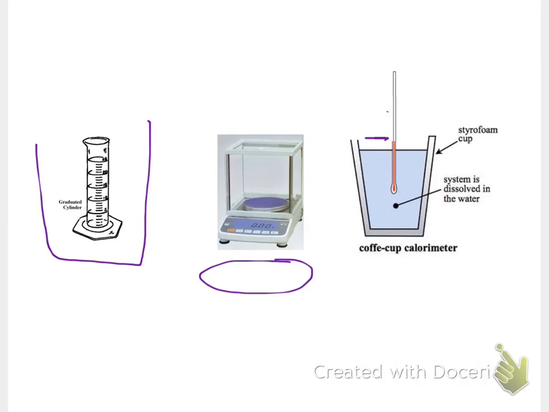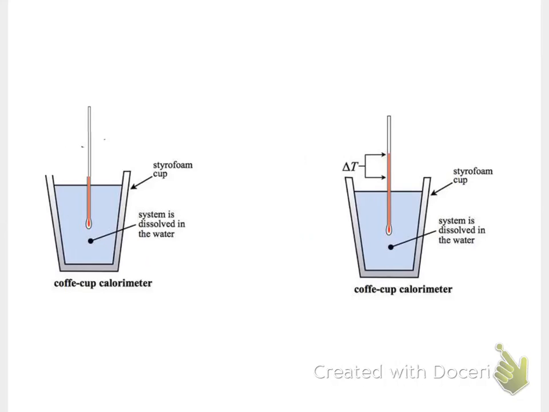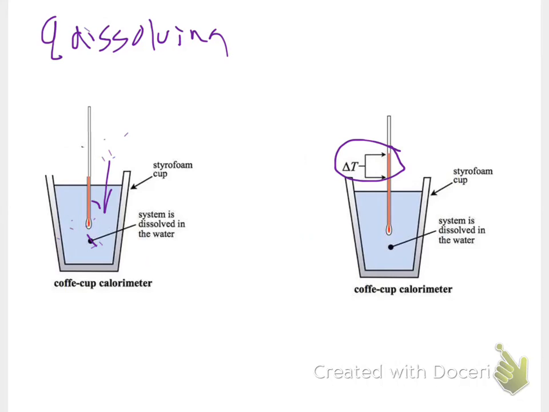Okay? And then you're going to take the mass of this massed sample and put it in there. So you start with it empty, you add the salt into the solution, and then you measure the new temperature. So we're looking for that change in temperature. The whole idea is that whatever the dissolving process is doing, the Q for dissolving, or the heat generated by dissolving, should equal the amount of heat gained by the water.